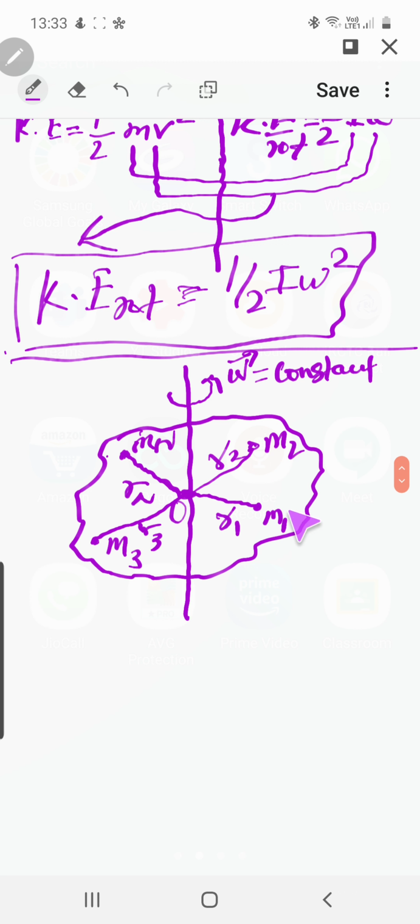Now I am going to find the kinetic energy for the individual particles. The kinetic energy for the first particle is half m1 v1 square.